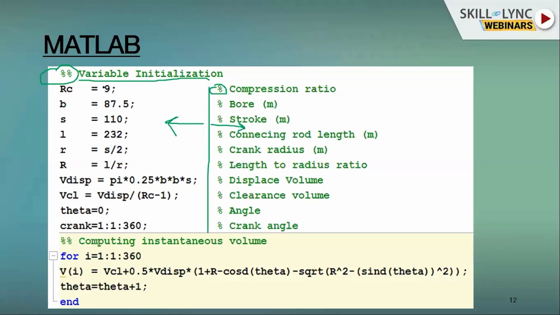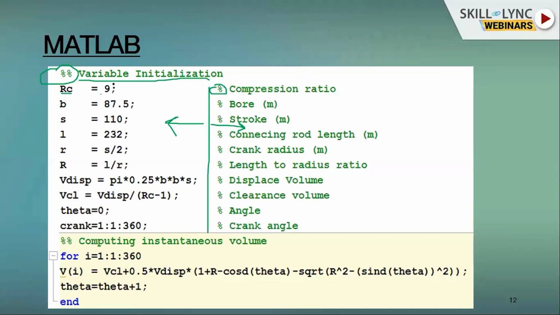Okay, guys. So here is what I have done. When we solve equations by hand, instead of writing the full term compression ratio, we used to make a symbol for it, so that we can use that syntax again and again and decrease the writing. So here I have defined compression ratio as RC.